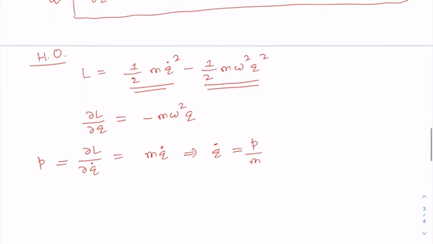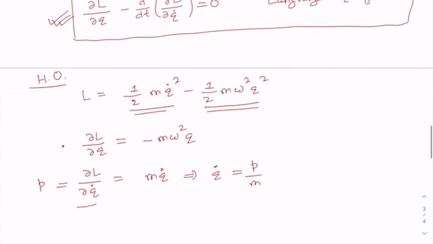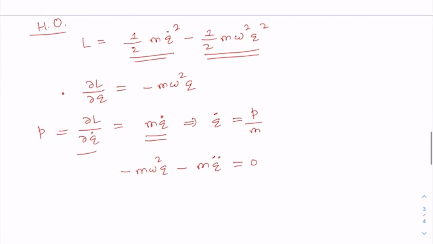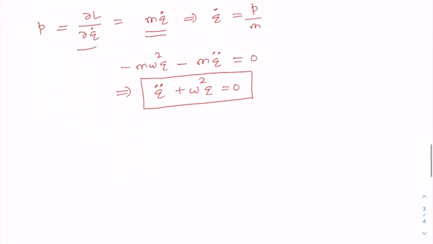So if I put del L del q and this quantity in the Lagrange equation, I will get minus m omega square q minus m q double dot is equal to 0, which is nothing but q double dot plus omega square q is equal to 0. So we rederive the so-called Newton's equation of motion for the one-dimensional harmonic oscillator.